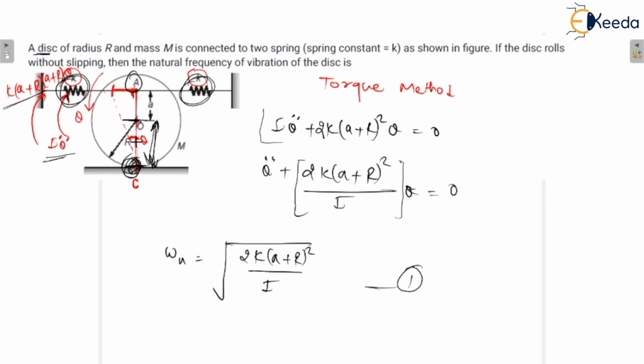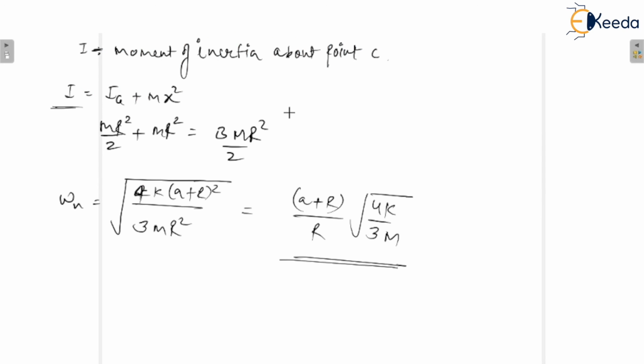They will give you the figure of the system, and you just have to write down the equations. As you are able to write down the equations, you will be able to find the natural frequency or whatever is asked in the question. So be careful when you write down the equations. If there are two springs or three springs, don't forget to multiply with two if there are two springs. So this would be the final answer. I hope you will understand the solution of that question.